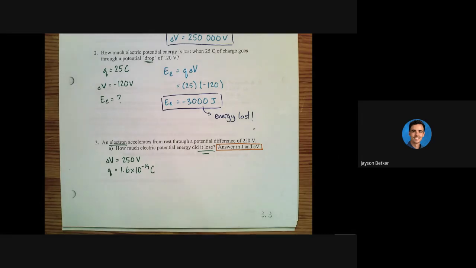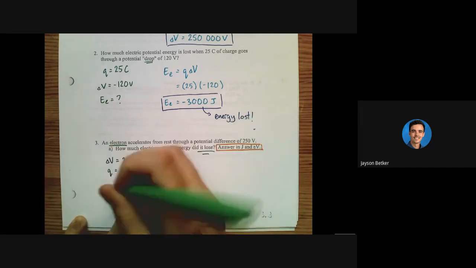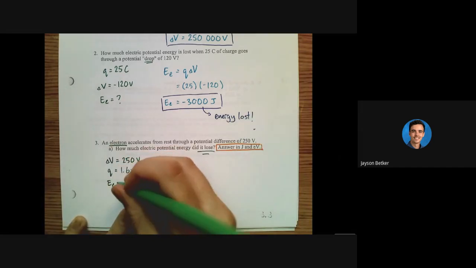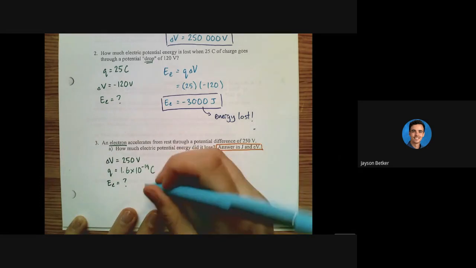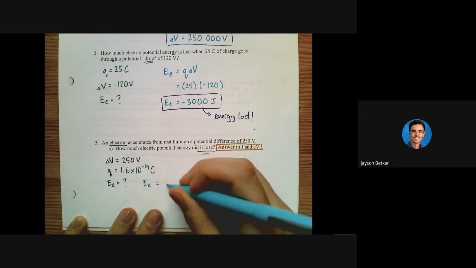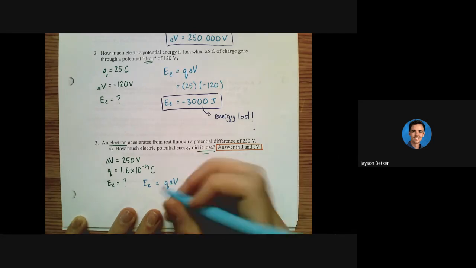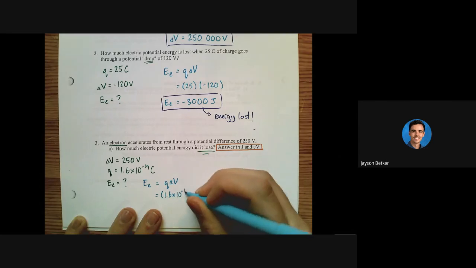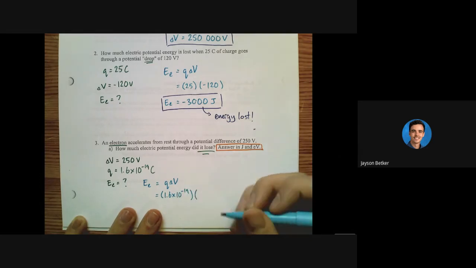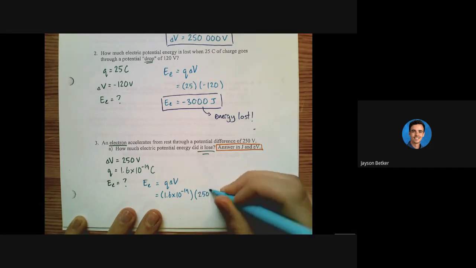So, let's get started. We're trying to find what the electric potential energy is. How much electric potential energy did it lose? So E_E, same one as before, is equal to q times delta V. So 1.6 times 10 to the negative 19 multiplied by 250.